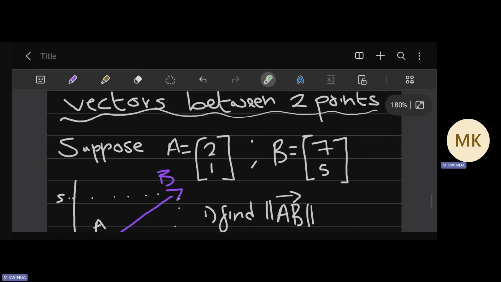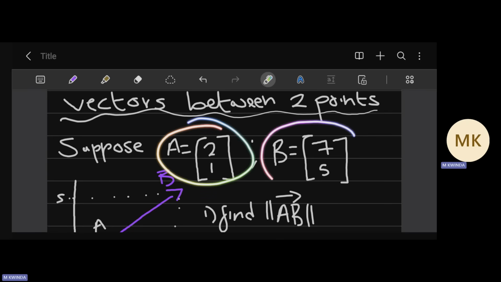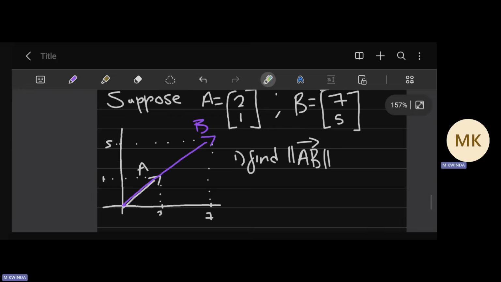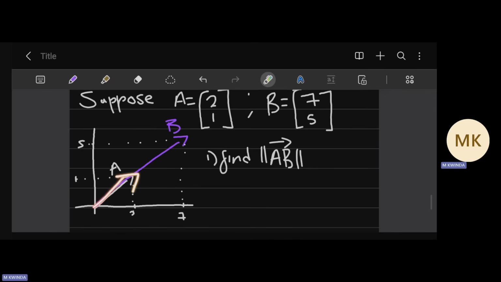So, vectors between 2 points. Suppose you have A as that and B as that vector, and I drew it for you here. So you'd have A and B. It's always nice to start from the position.